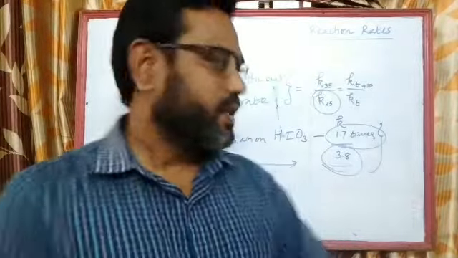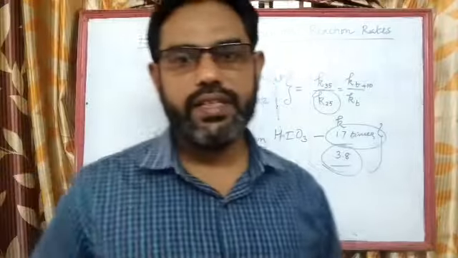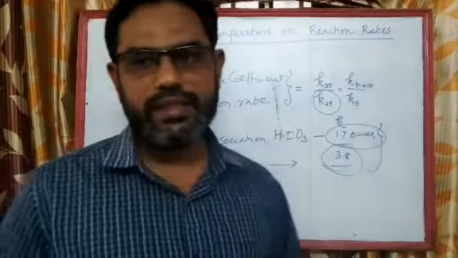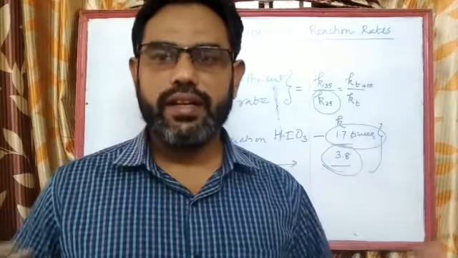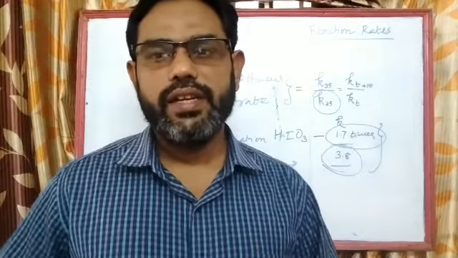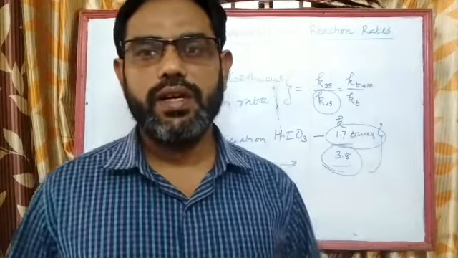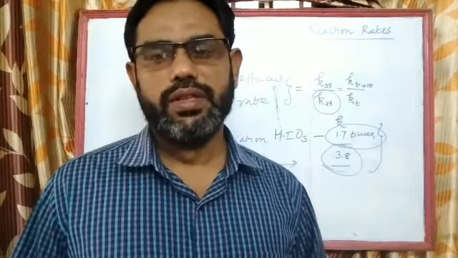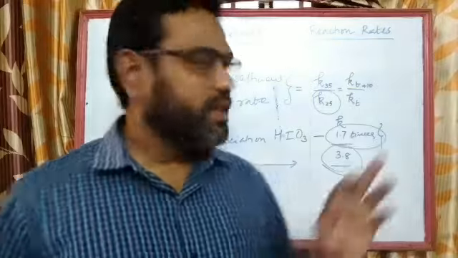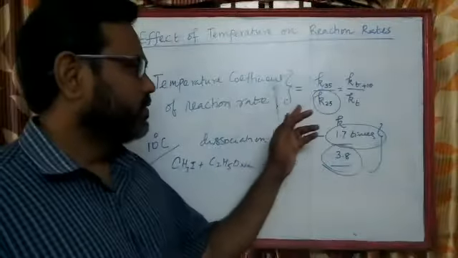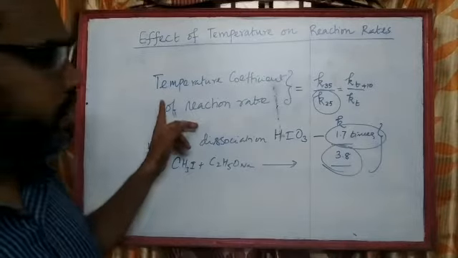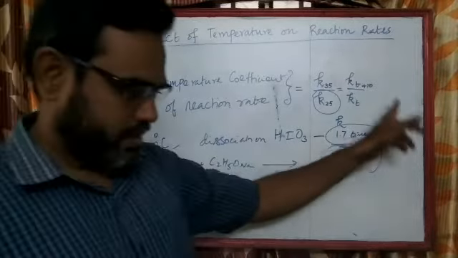So the reaction rate increases about 4 times with the rise of 10 degrees centigrade in these cases. Similarly, there are several other examples in which the rate of the reaction gets doubled or tripled or multiplied by 4. So this phenomenon is studied by using this parameter called temperature coefficient of reaction rate.